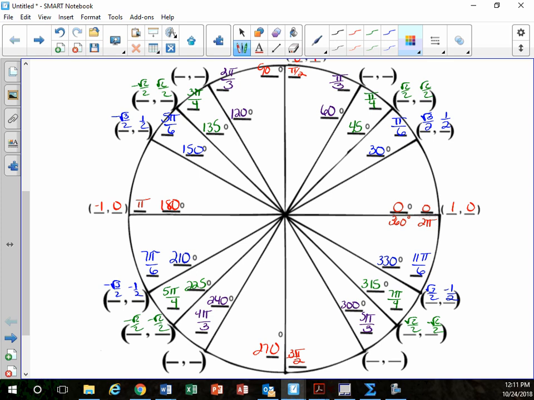Do you guys see how the x is now the short part and the y is the long leg? So they just get switched. So this is 1/2, root 3 over 2, and then just signs in all your other quadrants.